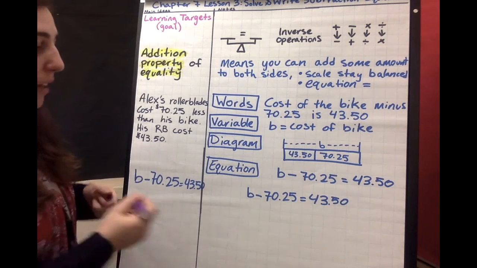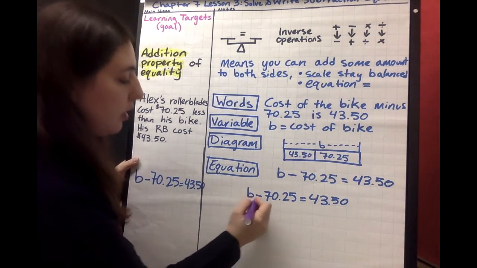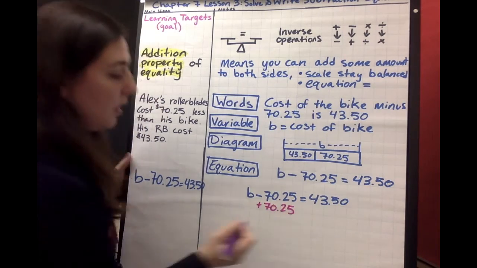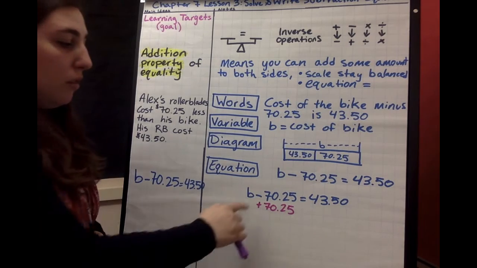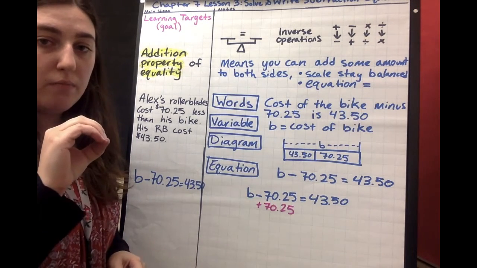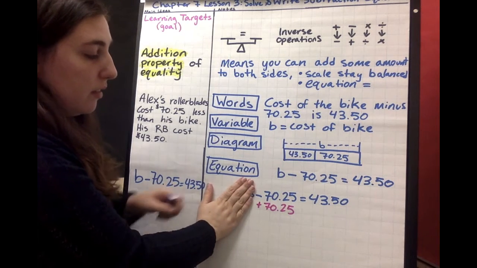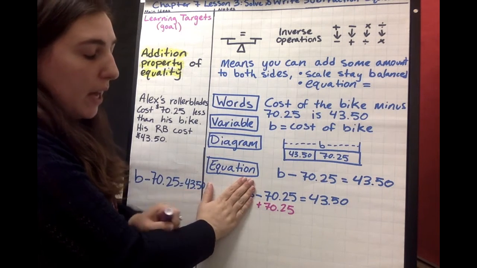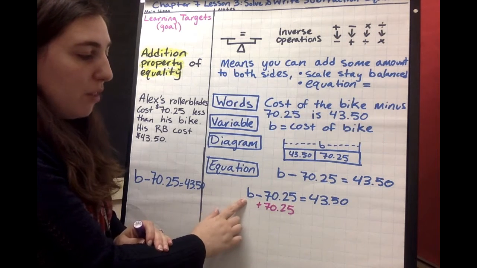And I'm going to add 70.25 to this side, because if I add 70.25 to negative 70.25, I'm going to get 0. So that means I'm going to get nothing over here. If I just look at this, minus 70.25 plus 70.25, you would get nothing, okay? And then we would be left with B.